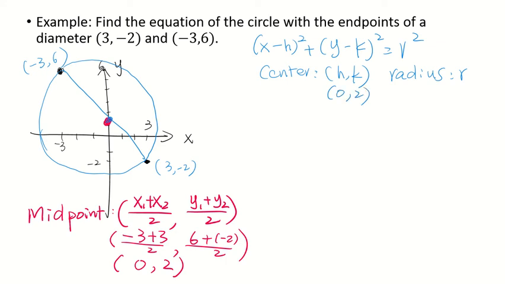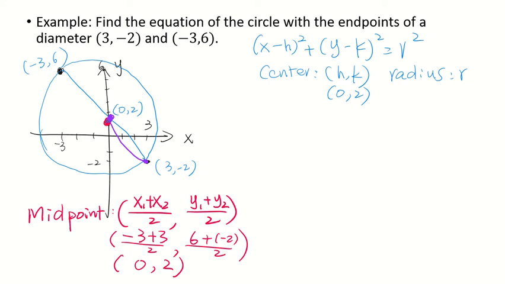And now we have to find the radius of the circle. So the center is (0, 2), and how do we find the radius? Well, we know where the center is, and we know a point on the circle, and the distance between the center and the point on the circle will be the radius.